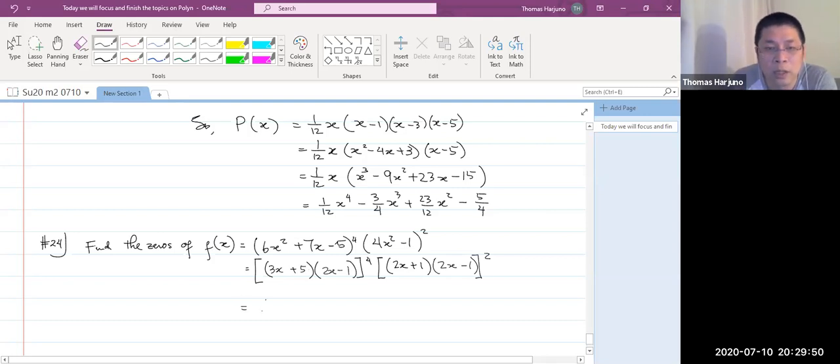So this will be (3x plus 5) to the 4th, (2x minus 1) to the 4th, (2x plus 1) squared, (2x minus 1) squared. Oh, then my (2x minus 1) now becomes to the power of 6.